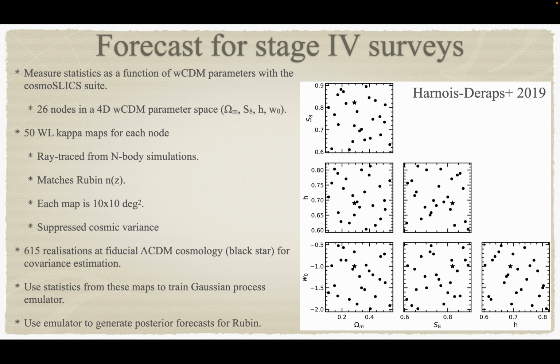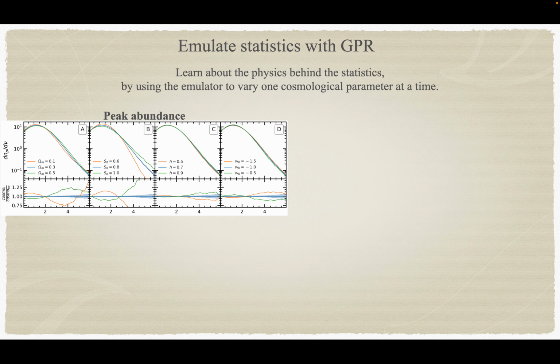So for each of these nodes, we are able to measure average statistics: average peak abundances, average peak clusterings, average void abundances, and average void profiles. And we can use these measurements to train a Gaussian process emulator. With that emulator, we can then learn about how these statistics depend on these 4 cosmological parameters, and we can use that machinery to create posterior forecasts for a stage 4 survey.